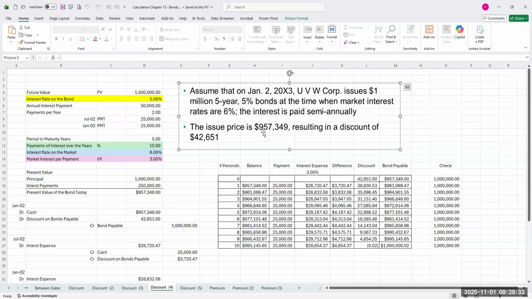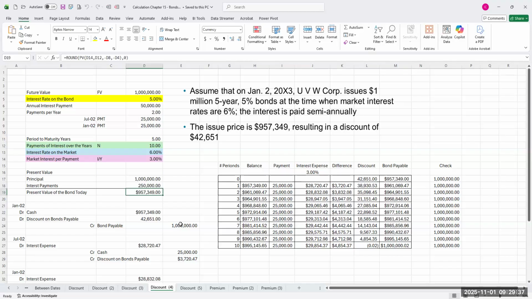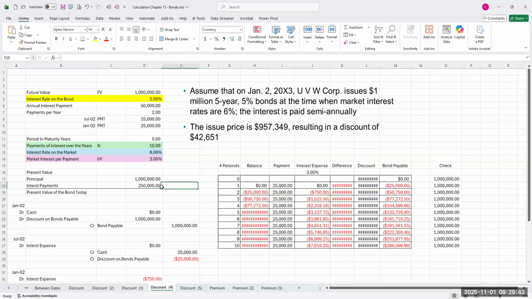This is the exact scenario. And now, how do we get this number? Once we have the bonds, I'm going to delete this one. Once we get the face value of the bonds, $1 million, and the interest rate that the bonds are paying, we calculate the interest payment per year.